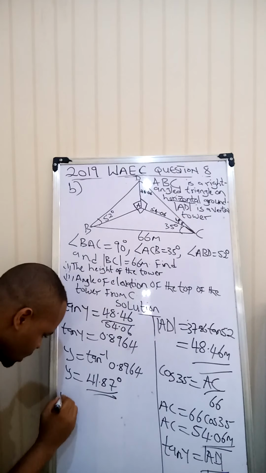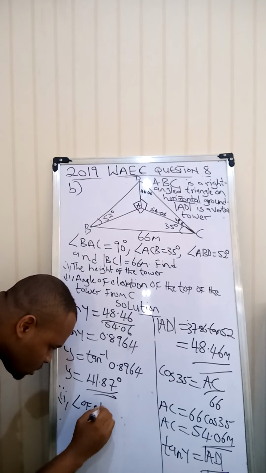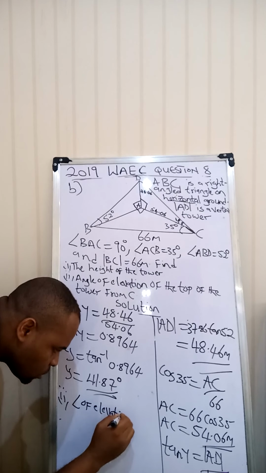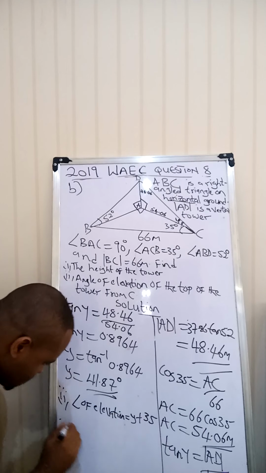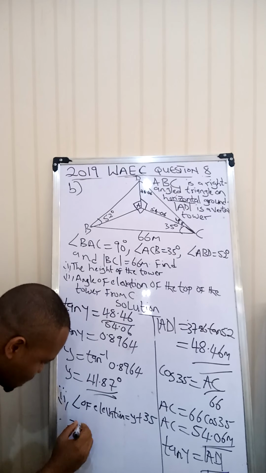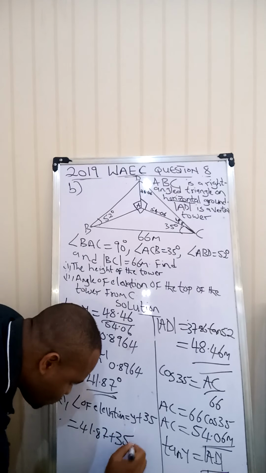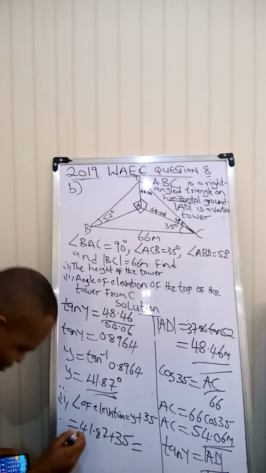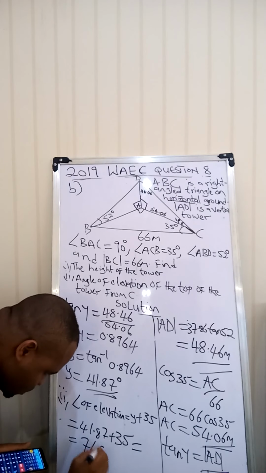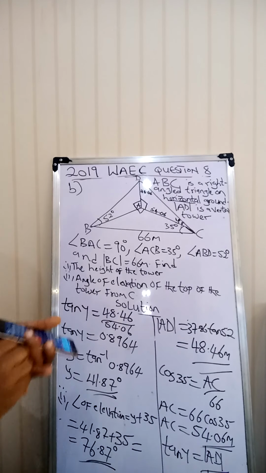So our angle of elevation is equal to Y plus 35. Our Y is 41.87 plus 35. If we add it, that gave me 76.87 degrees. All right, that's the angle of elevation, and that brings us to the end of our question.